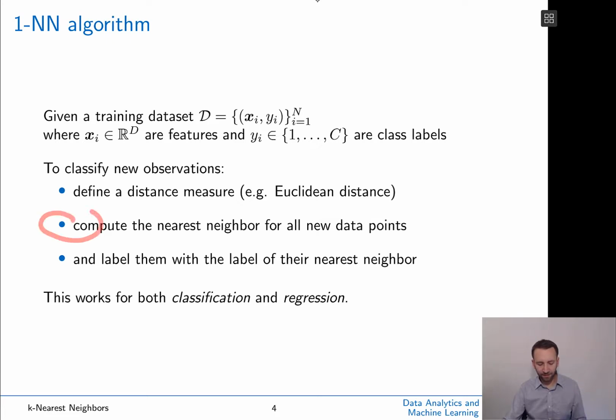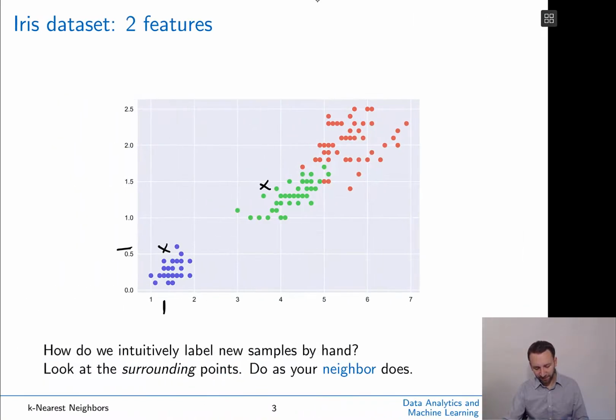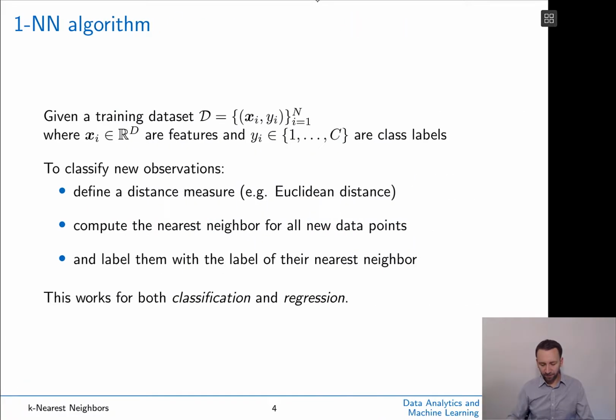Once we have defined this distance, we can compute the nearest neighbors, this neighborhood. In this 1-NN example, we see the closest neighbor and label the new instance with the same class. Here, the closest is blue, so we label it blue. Here, the closest is green, so we label this instance green.